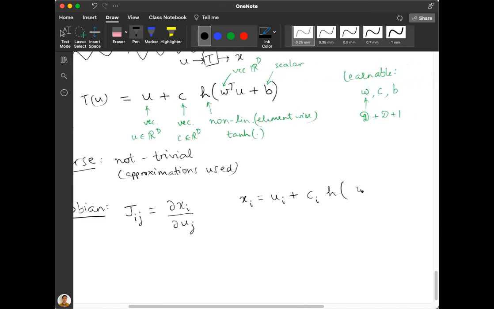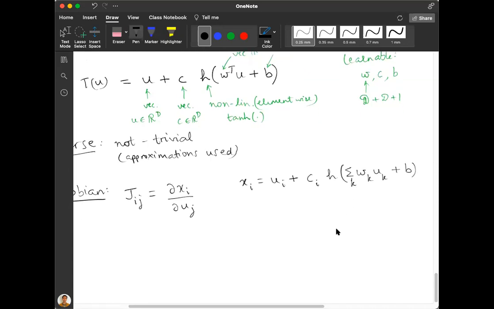So I can write it as the sum of w_j times u_j, over some j. This j and this j are not the same, so let me use k then. I don't want to confuse you. k is a dummy variable which is confined to only this form, plus b, which is a scalar anyway.